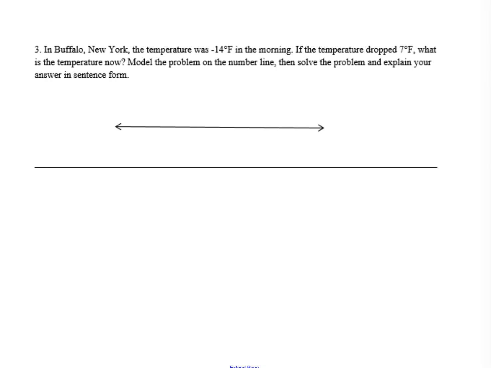All right, let's go ahead and check our answers. So for this number line, I'm actually going to put 0 far on the right. Okay. So let's see. I'll do negative 14 here. And then it says it's dropping 7 degrees. That means it's a negative value. It's going down 7 degrees.